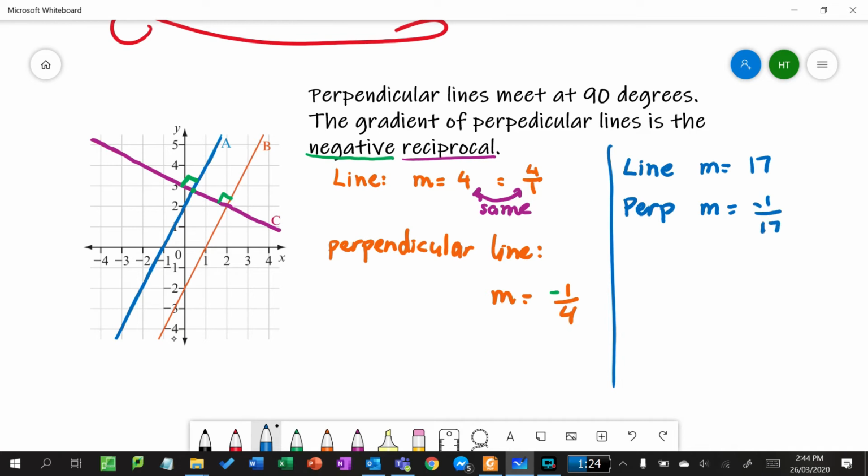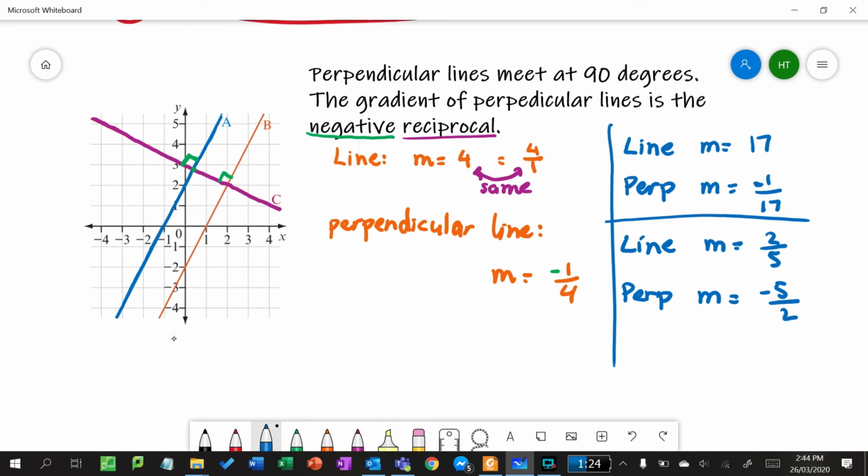If I have a line that has a gradient of, let's say, 2 over 5, then the perpendicular gradient would equal negative 5 over 2, because I flipped the fraction upside down, and made it negative.